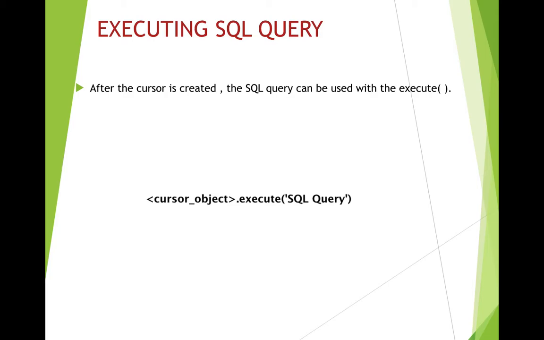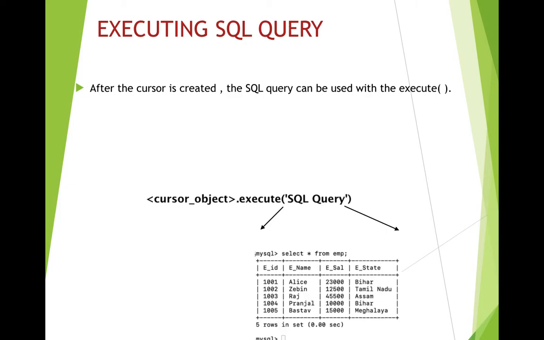Cursor object we have already created in the previous step, dot execute. Execute is the function which helps in providing SQL commands within the Python programming language. You should imagine that whenever you are using the execute function, a separate SQL window is being opened and you can do any SQL programming over there, just like this.